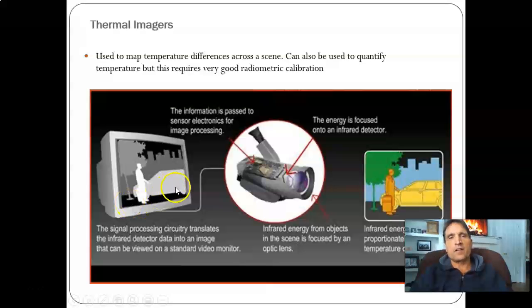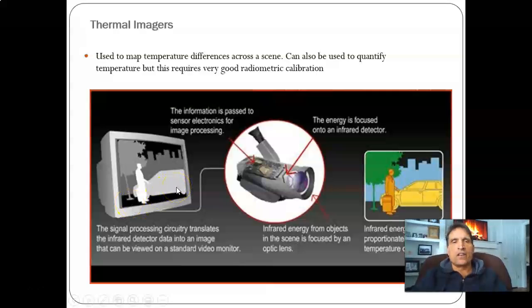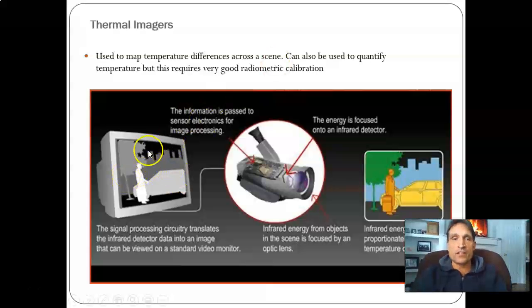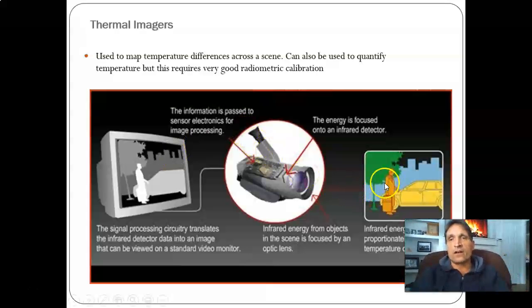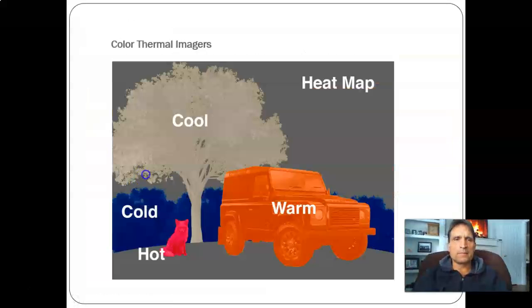And that can get converted by signal processing circuitry and software, and we represent different amounts of radiation as different levels of grayscale if it's a grayscale image, or as different colors if it's a color image. So basically this is all fancy jargon for saying that we're creating a temperature map of the scene which is viewed as an image.